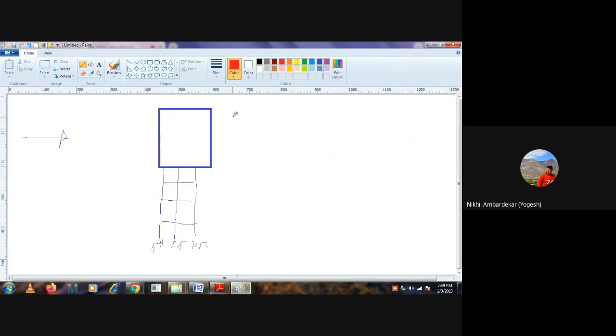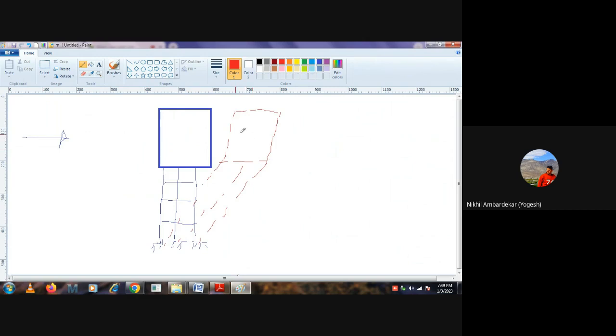Maybe because of that, my tank will be deflected somewhere here. Because of this, the tank will definitely deflect.